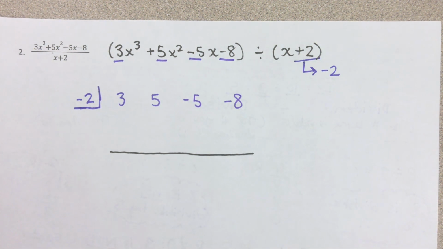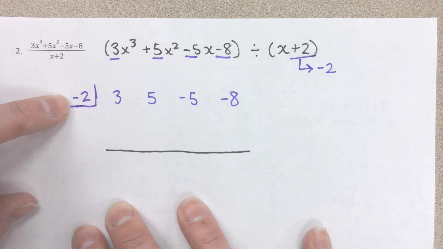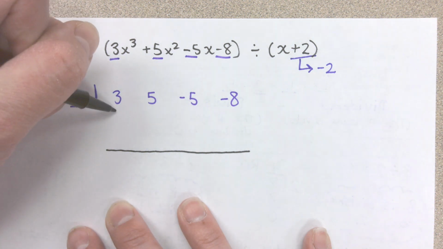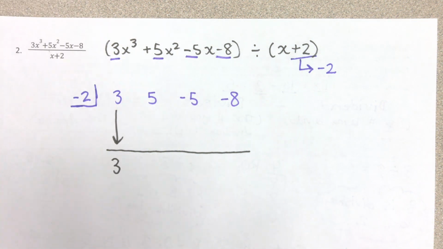Now we can get started. First step, take that first number, not the divisor, but the first coefficient, 3, bring it down. And this is the number we're going to start doing math with. From here, it's multiply, add, multiply, add, multiply, add until we're done.